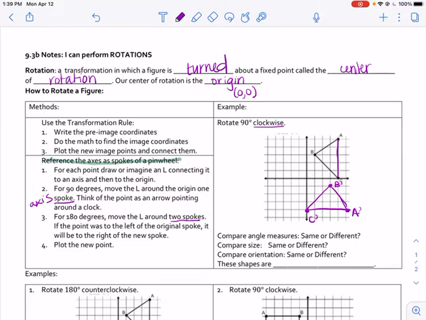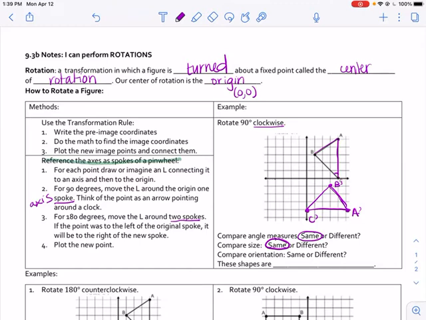And then the C, yeah, it looks like this one is about 45 degrees and this one's about 45 degrees. So I'm going to say this is the same. Is it the same size? Yeah, it didn't get bigger or smaller, so we're going to say it's the same. You could also check just one side, like AB goes up 2 and right 3, and over here it's going 2 and then 3, so it's the same size.